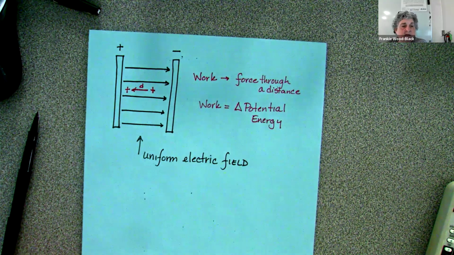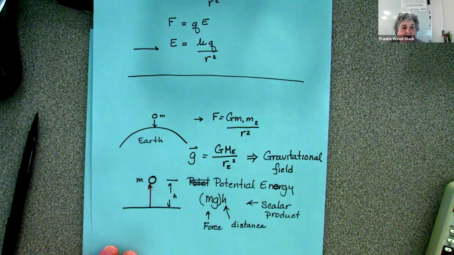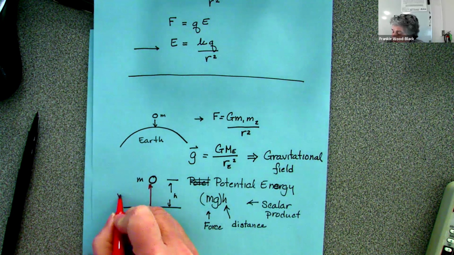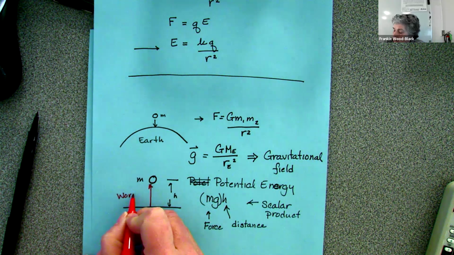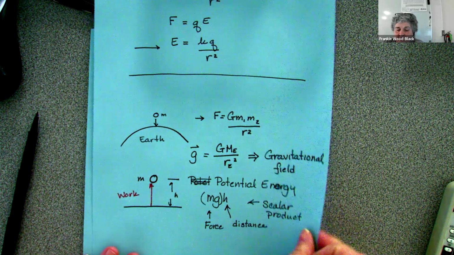So if I did this in my gravitational field, we did this work by raising the object up. We did work. And we had a change in potential energy. It's exactly what happened. We have a change in potential energy.